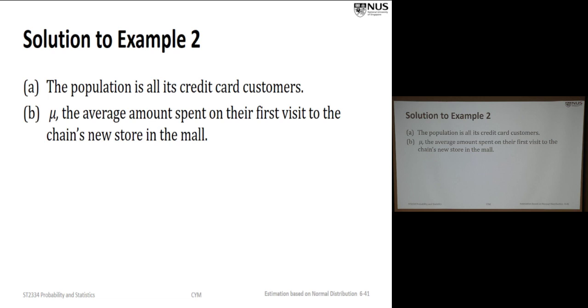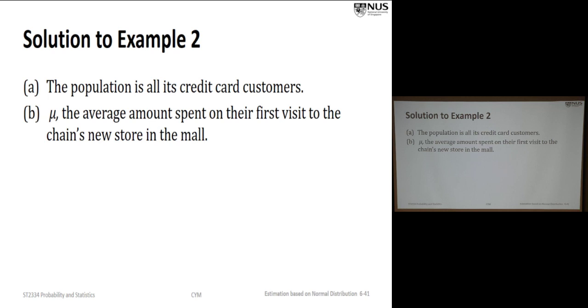So there are two parts. When we say population, we refer to the human, the individuals. But from the statistics point of view, what we are interested in is not the human, but a certain characteristic of these individuals in the population.